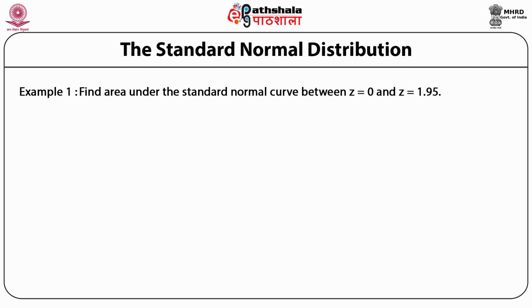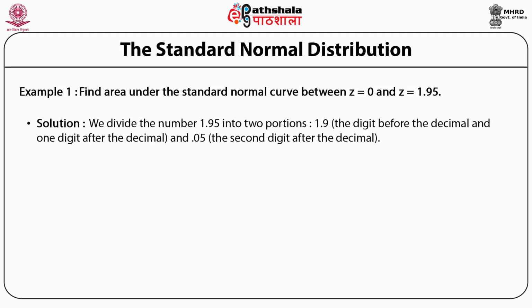We divide the number 1.95 into two portions: 1.9, the digit before the decimal and one digit after the decimal, and 0.05, the second digit after the decimal. Note that 1.9 plus 0.05 is equal to 1.95.